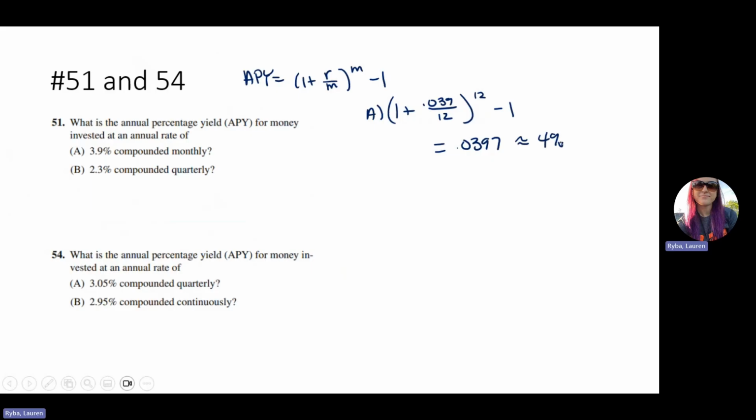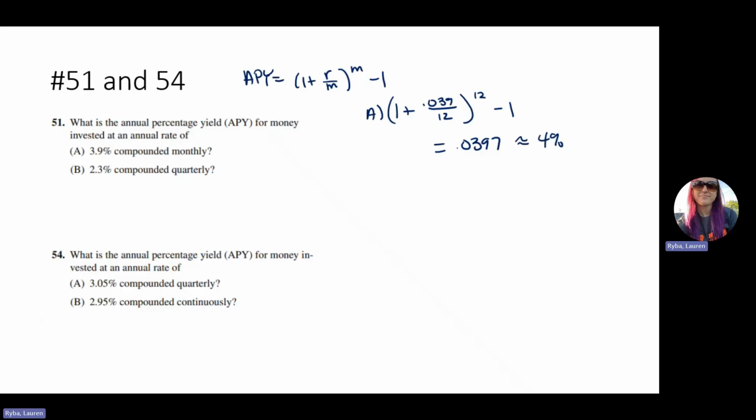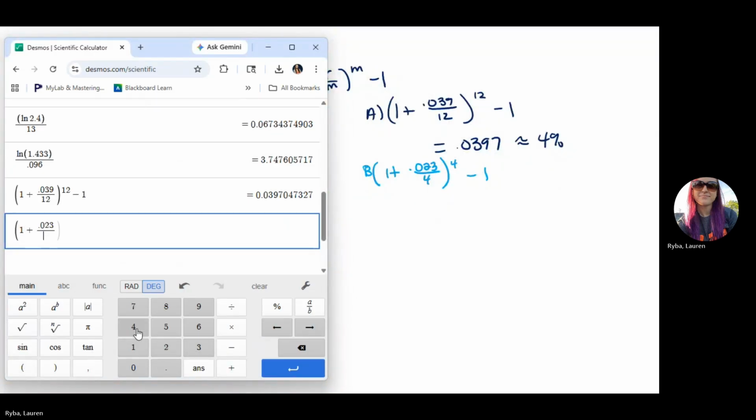That is almost 4% interest if I were to round that. So I am earning just a little bit more than 3.9% over the course of the year. We can find the APY for 2.3% compounded quarterly. 1 plus 0.023 divided by 4, raised to the 4th power, arrow out, minus 1.